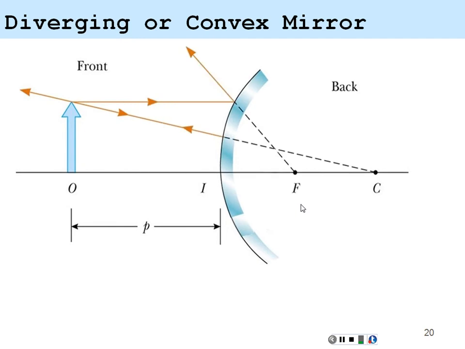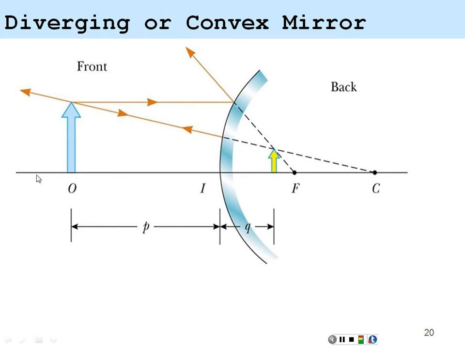If we put these two rays together and we were outside looking at this, we would see that they both appear to converge from a point where these two rays intersect. So this real object has a virtual image located at this point. The image is behind the convex mirror in this case.